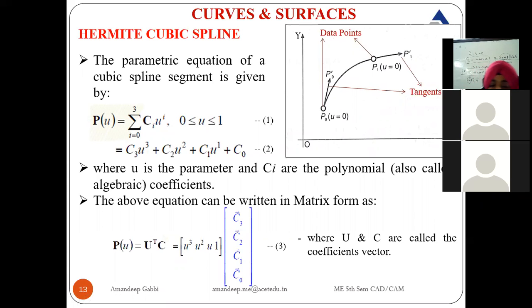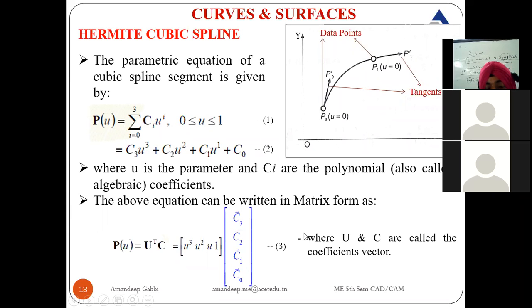Now the equation being used is of order 3 because it is a cubic order. The formula is P(u) = sum over i = 0 to 3 of Ci Ui, that is C3 U3 plus C2 U2 plus C1 U plus C0, where U is the parameter and Ci are the polynomial, also called algebraic coefficients.